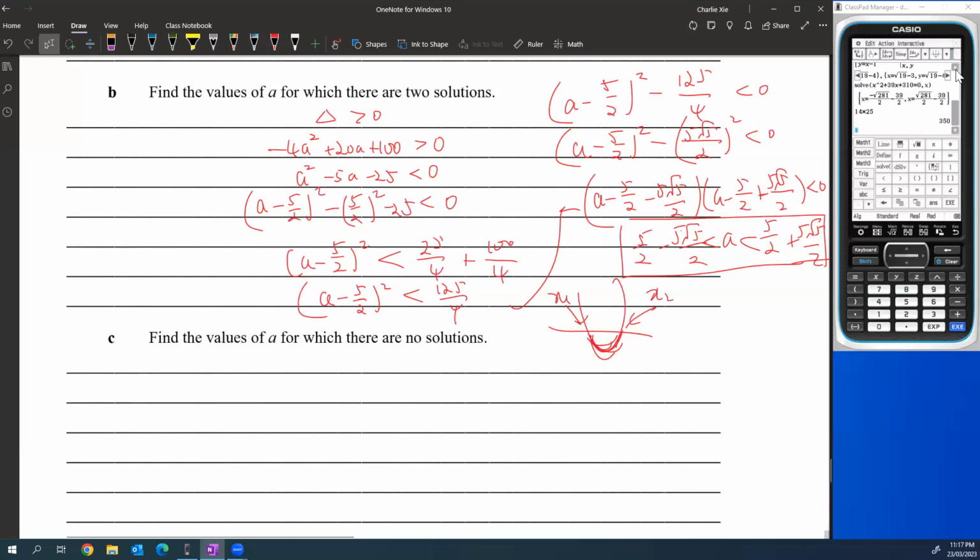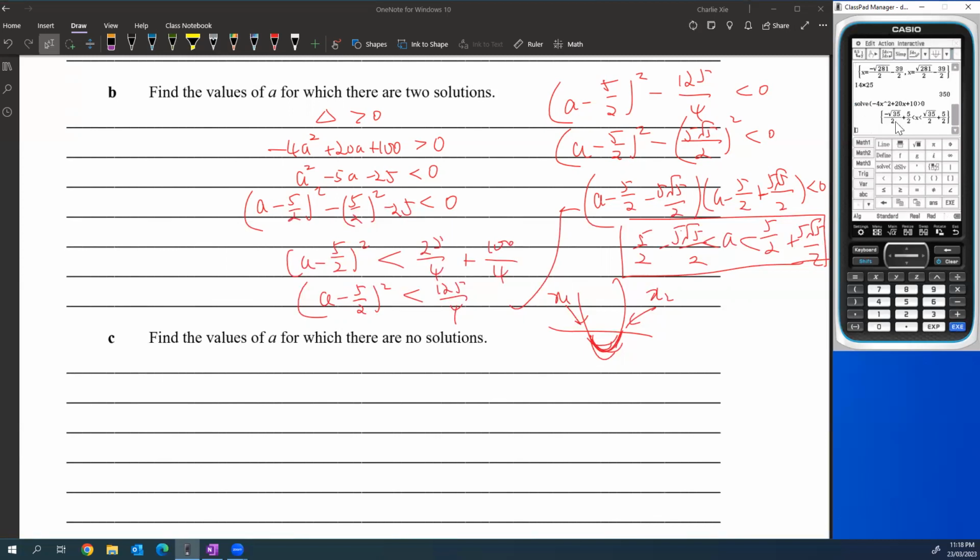I don't know if you know this, but an inequality can be solved using a calculator as well. Let's check your answer. Negative 4, okay, let's use x for a. So x squared plus 20x plus 100 has to be greater than 0.